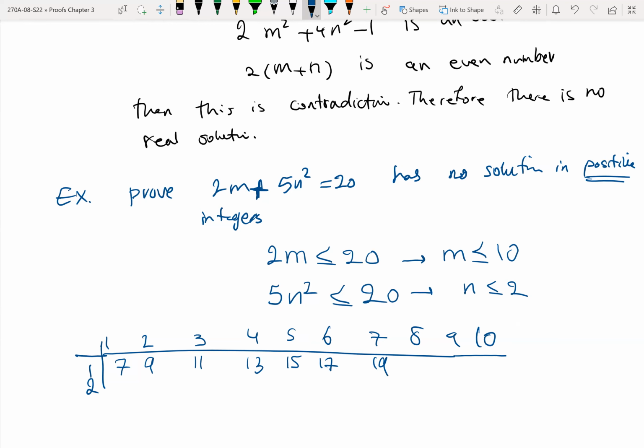You plug in back and you see that it is not possible. And you don't have to go all the way for the 2, because when you try the first one, it's already bigger than 20. You don't need to continue.